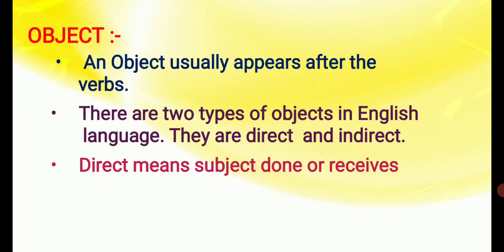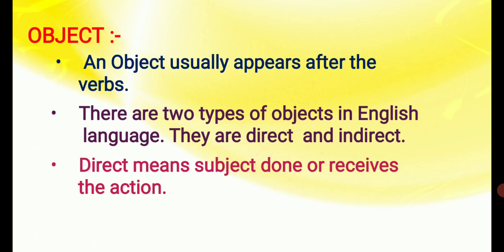So direct object means what the subject does or receives as an action. It is called the direct object. Whenever there is a sentence, the subject does an action. For example, Ravi writes a letter neatly, right?